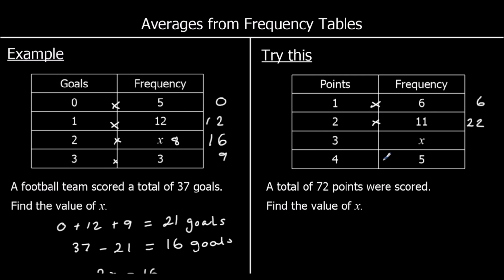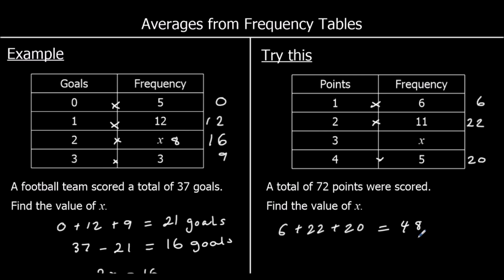And 5 fours are 20. So what do we have so far? 6 plus 22 plus 20. 6 plus 22 is 28. Plus 20 is 48. So we've got 48 points here.